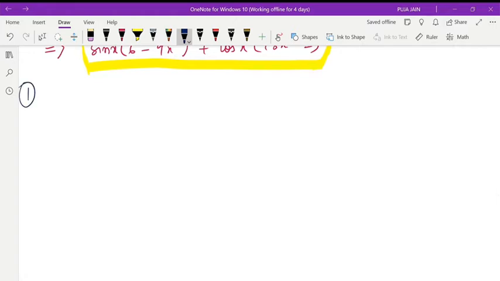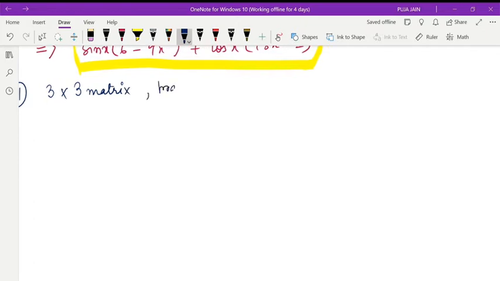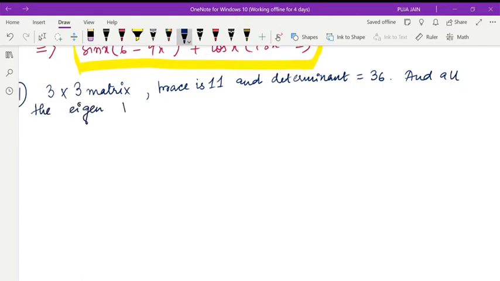What does the question say? It says there is a 3 cross 3 matrix such that the trace is 11, and the determinant is equal to 36, and all the eigenvalues are positive.